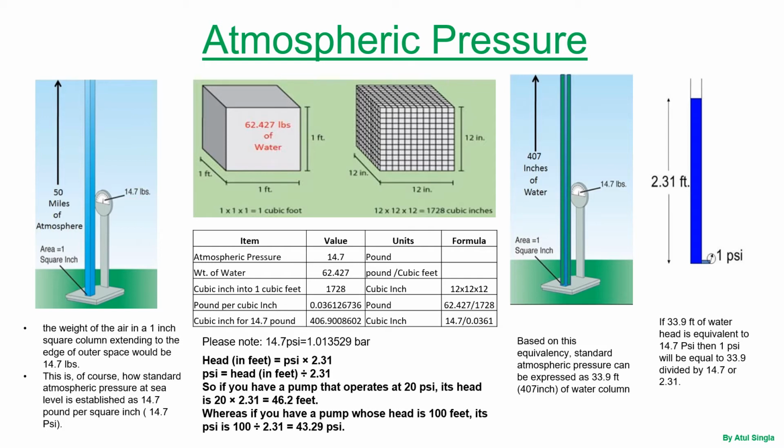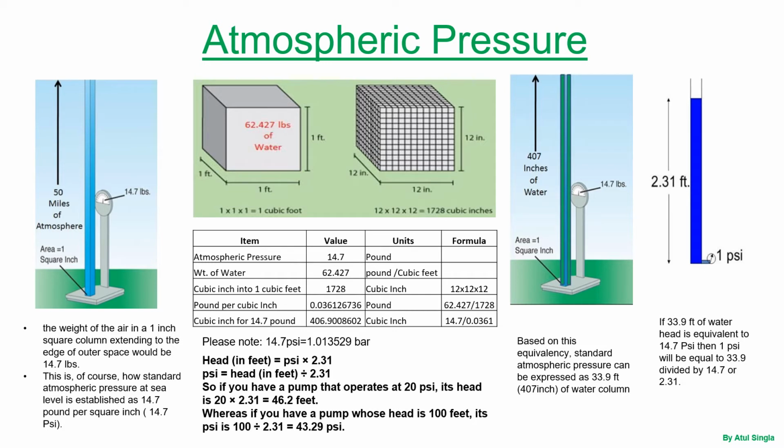If you want to convert this atmospheric pressure into water head, then we can do this with the help of this figure. If you make a 1 feet by 1 feet cube along with 1 feet height, and we fill it with water, right? Its weight will be 62.425 pounds. That means this much weight of water is filled in the 1 by 1 by 1 cube.